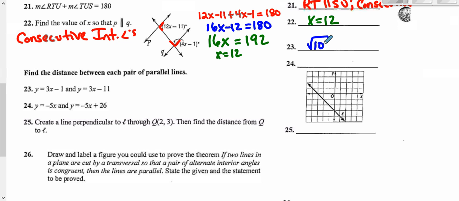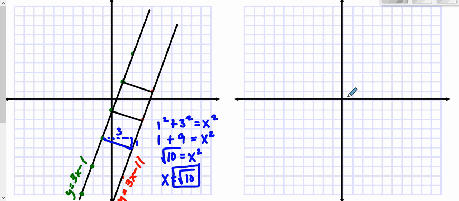So here we have negative 5x and negative 5x plus 26. Okay, so let's go ahead and go to our graph. Now I'm going to have to go by something more than a 1 because I'm not going to fit the 26 on the graph. So we could go up by 5s. That would be a good idea. We could go up by something different if you'd like, but I'm going to go up by 5. So each block would be 5.